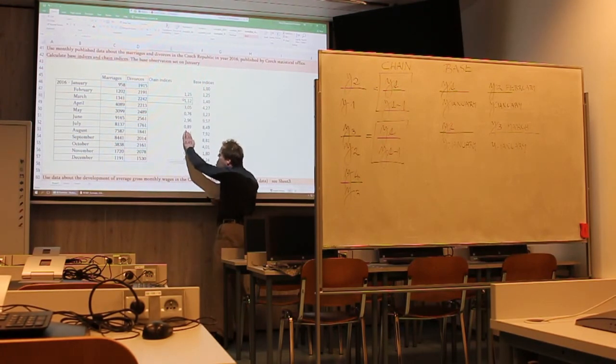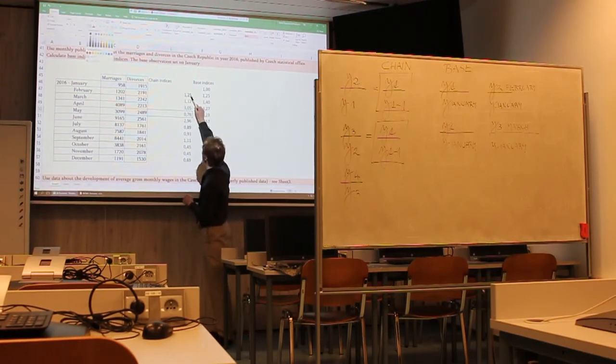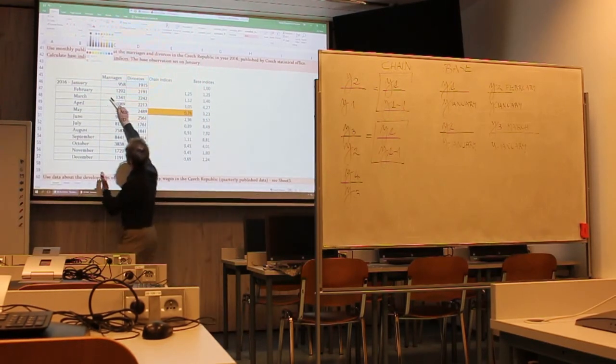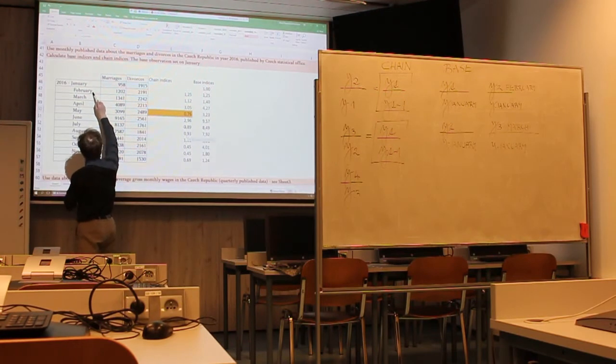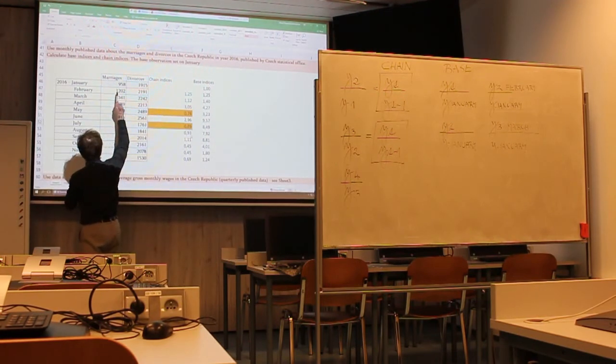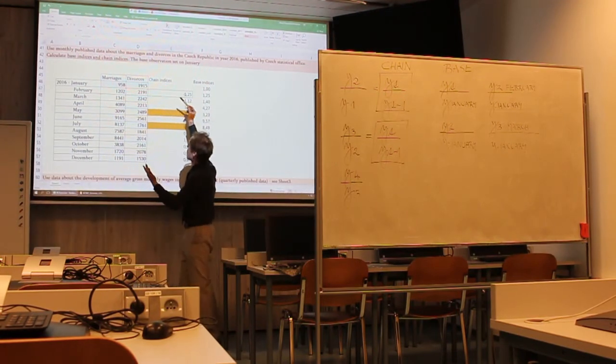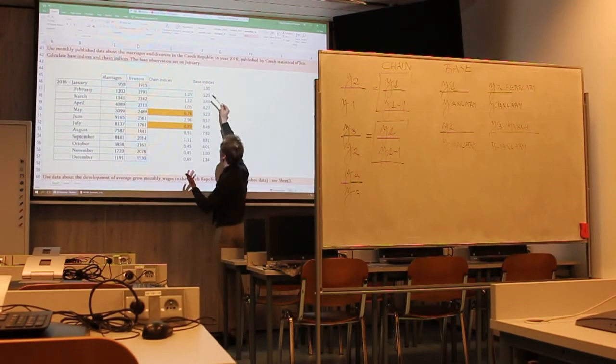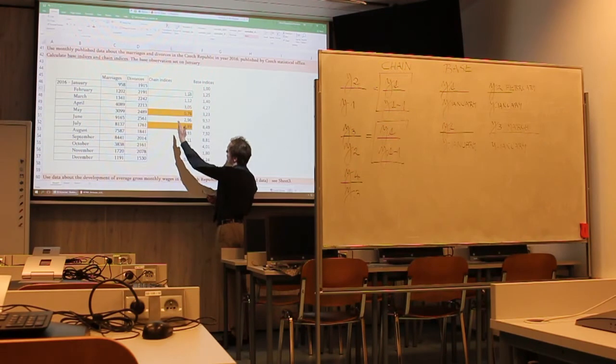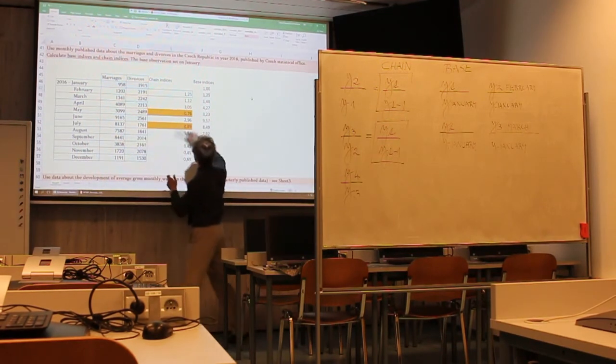What is below 1 is a decrease. So 1.25 means that between January and February the number of marriages increased by 25%. There is a 25% increase between months, between January and February.